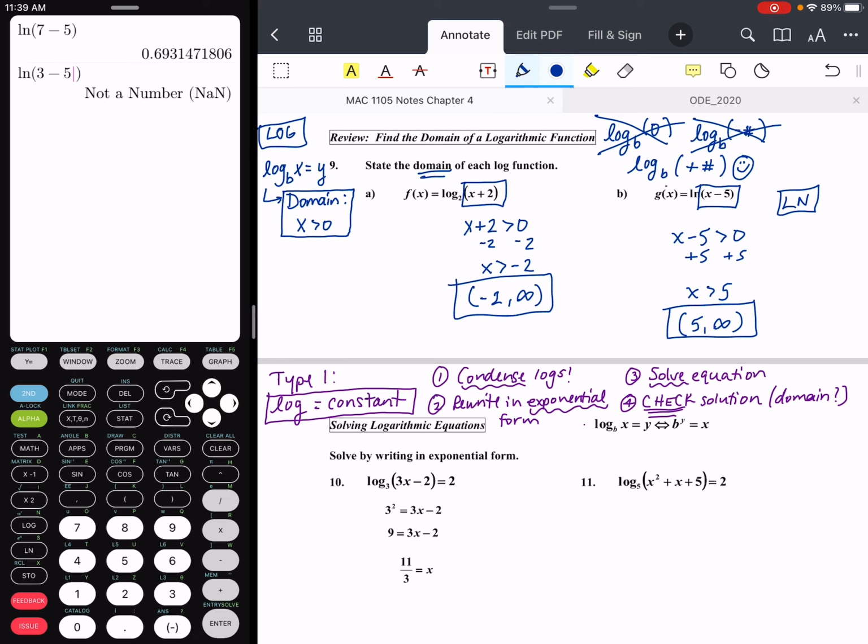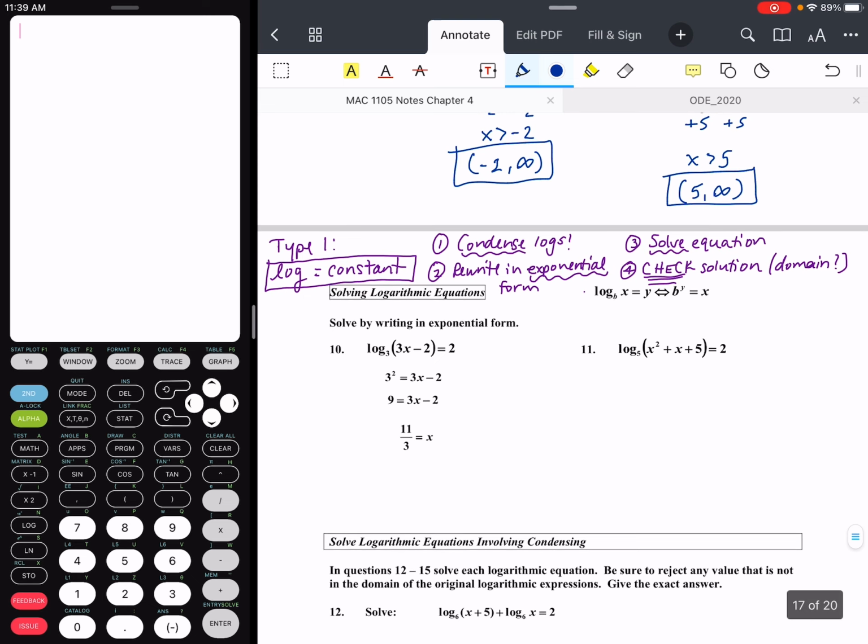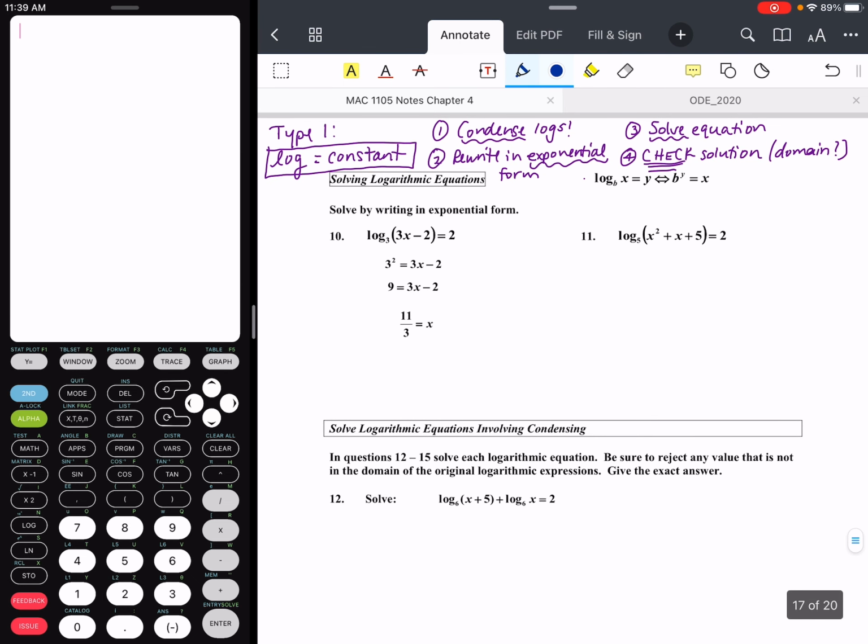So anything in that interval from 5 to positive infinity is going to work. If I take natural log of 5 minus 5, calculator doesn't work because that's the natural log of 0, right? So that's what this domain is telling us. It's which x's are allowed so that we don't make our calculator angry. All right, so we're going to use this fact as part of solving these logarithmic equations.